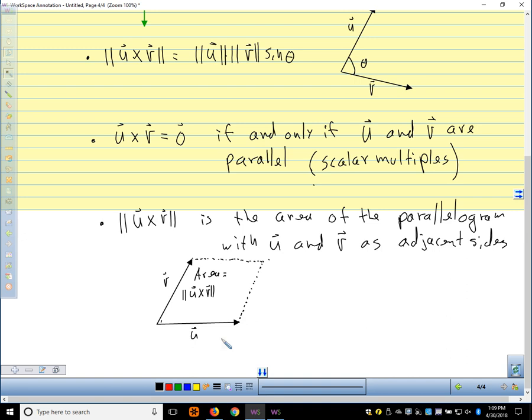The cross product gives us the area of a shape in the plane.